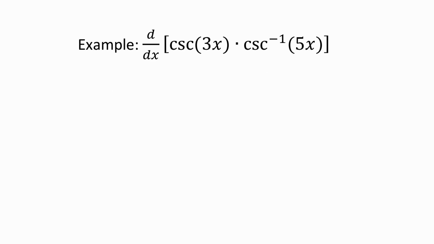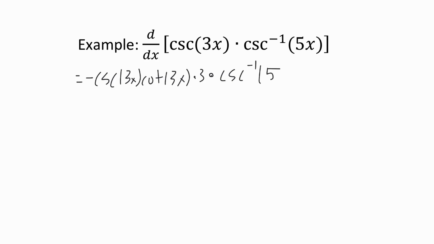Let's go ahead and try everyone's favorite, the product rule. We have the derivative of cosecant 3x times cosecant inverse of 5x. The derivative of the first one is negative cosecant 3x cotan 3x times 3. Then we leave the second one all alone: cosecant inverse of 5x. If you want, you can put each one of these in square brackets just to help you see the product rule happening.